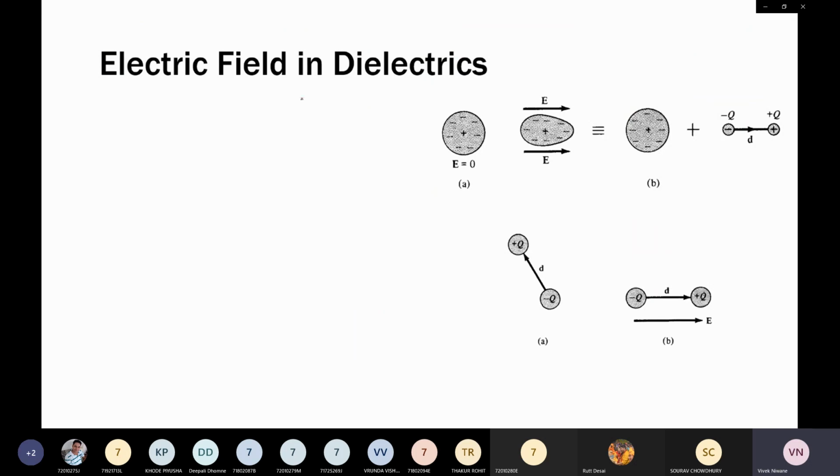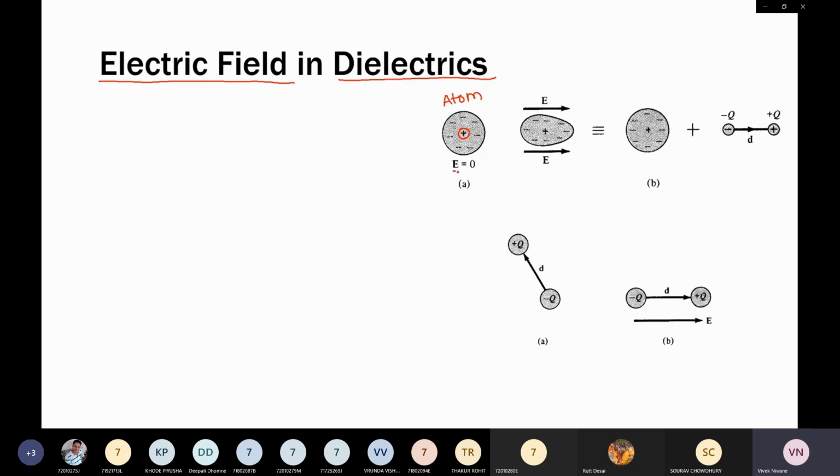Then the very interesting thing happens when we talk about the electric field in dielectric materials. Let us discuss the diagrams. Here we have an atom. Let us say this is the structure of an atom where we have a positive nucleus and a cloud of electrons surrounding it. And we know that an individual atom is always electrically neutral.